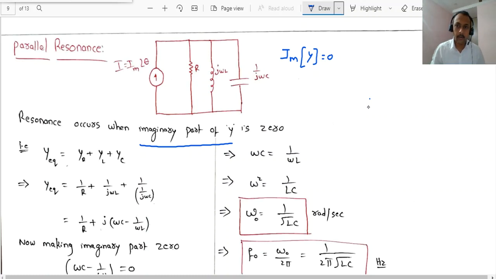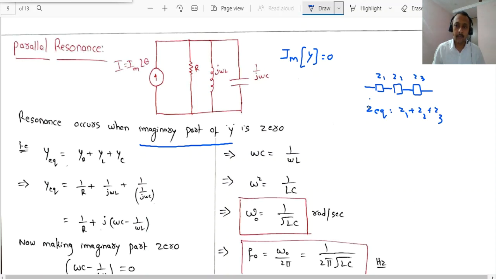For example, if three impedances Z1, Z2 and Z3 are in series, what is the Z equivalent? It is simply Z1 plus Z2 plus Z3.